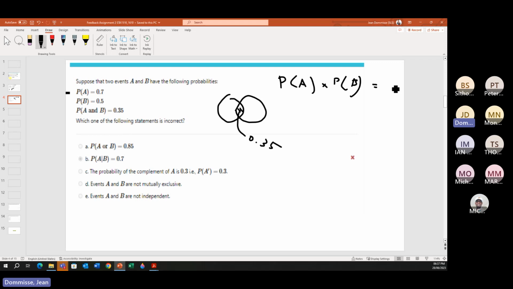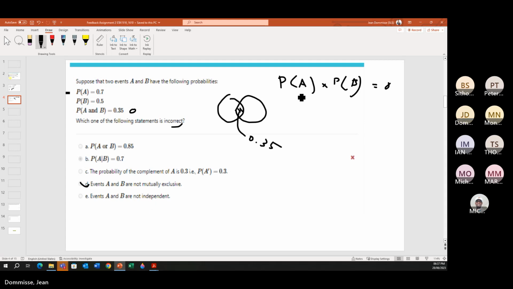So that is mutually exclusive. Events A and B are not mutually exclusive. So that's correct, because that should have been 0 if it is mutually exclusive. Okay, we're looking for the incorrect one. Events A and B are not independent.